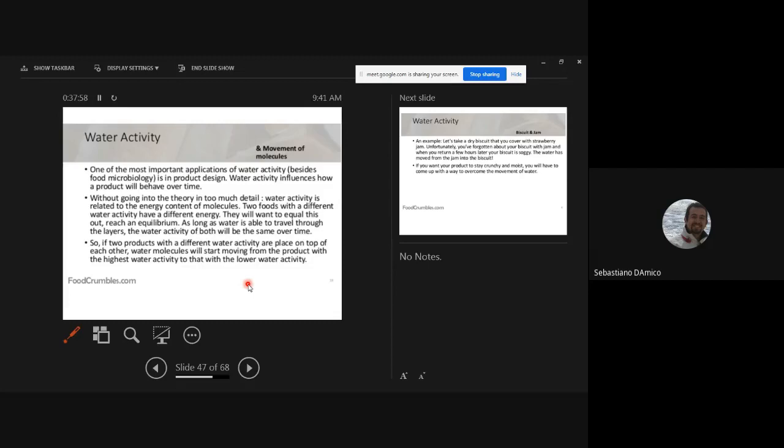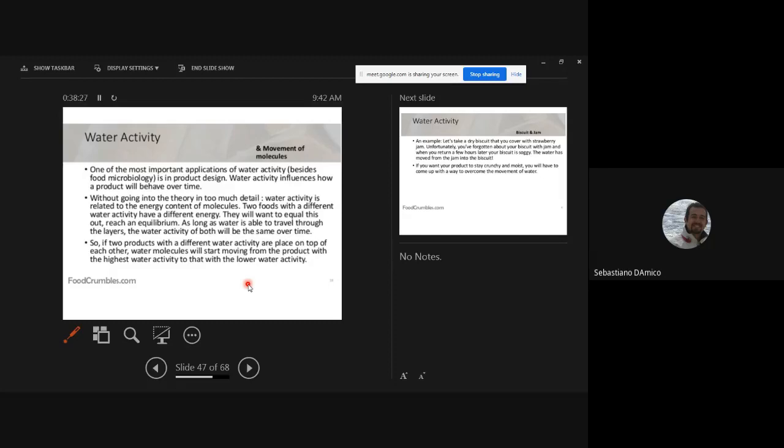One of the most important applications of water activity is in product design. Water activity influences how a product will behave over time. This kind of approach has been improved, modified, and studied quite scientifically, because we need to preserve foods.